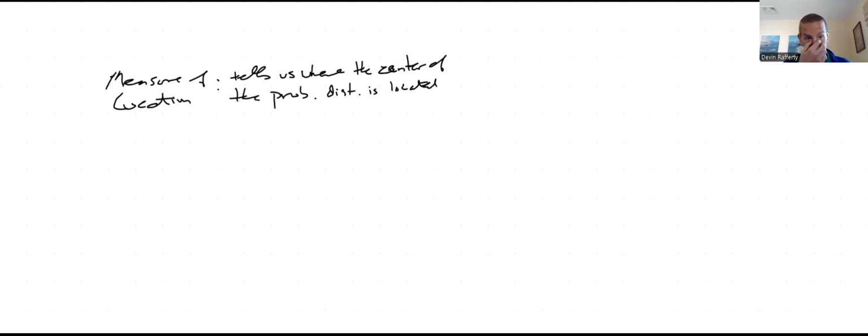Okay. Tells us where the center of the probability distribution is located. So it tells us where the actual center of our data occurs.